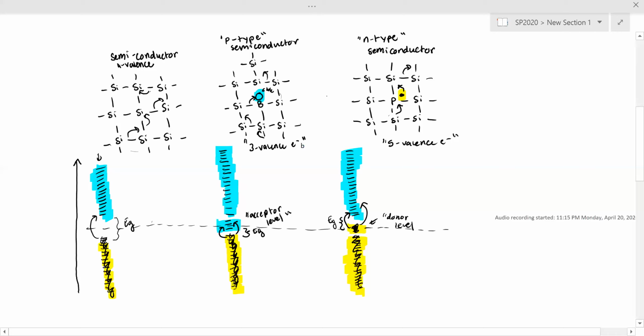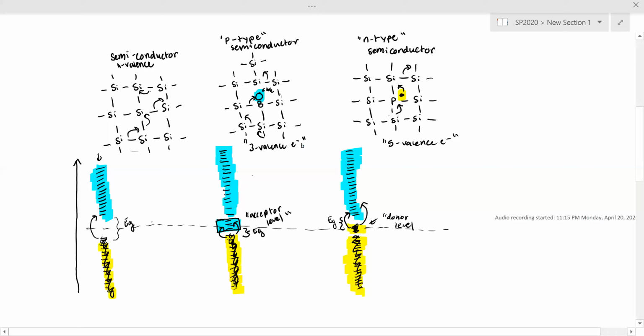If you look at your p-type ones, however, what you'll notice is that a new little area of space is created where it sort of inserts in between the gap, an acceptor level of orbital space, where you can have these electrons from the occupied levels just jump into this unoccupied space that we refer to as a hole or a gap.